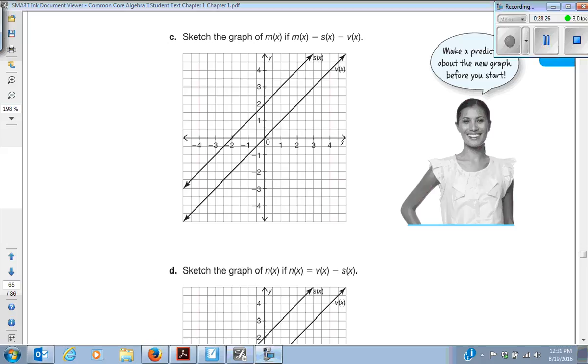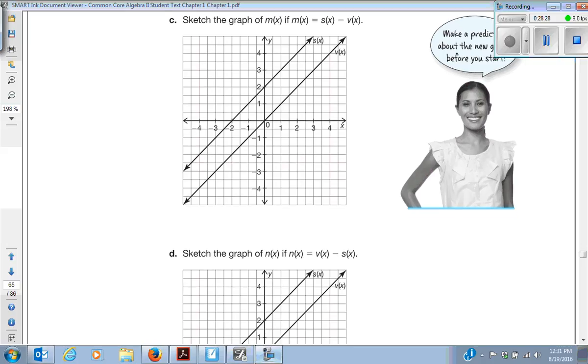So what would you do if you were subtracting? Does the order matter here? Yes, the order is going to matter. So when I do this, I have to make sure that I put my s value first, then take away the v value, because it will get me somewhere completely different if I do the opposite. So when I do this, let's go to 1. What's the value here? 3. So everybody see that that is 3.